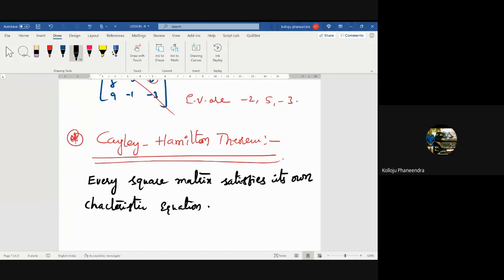This is the statement. Every square matrix satisfies its characteristic equation.